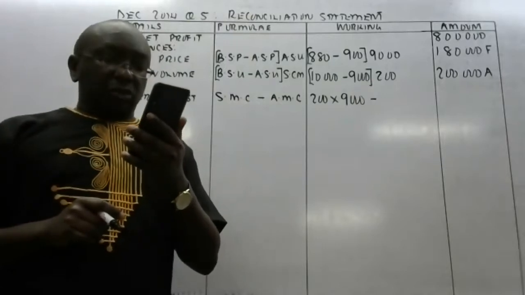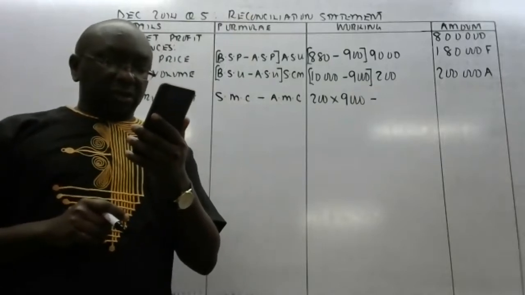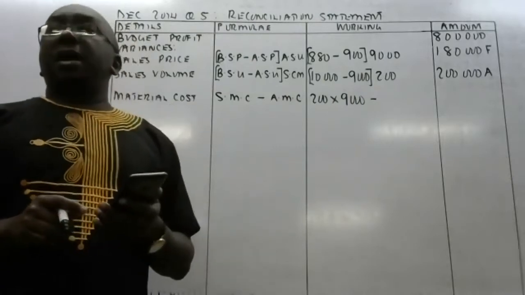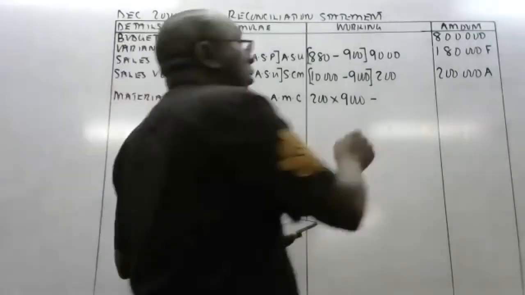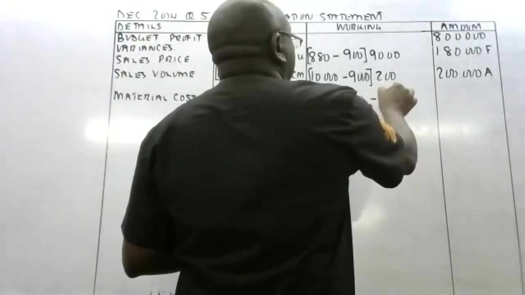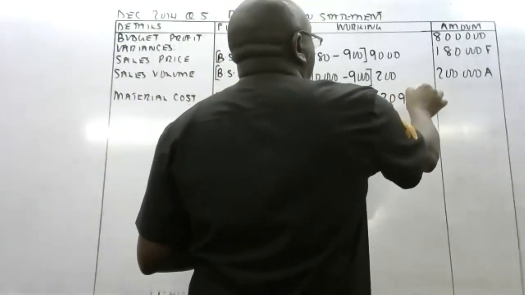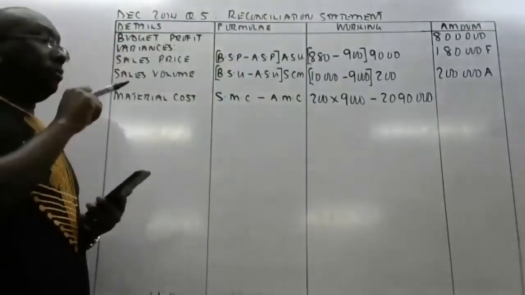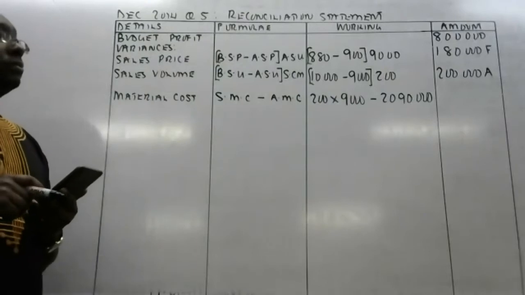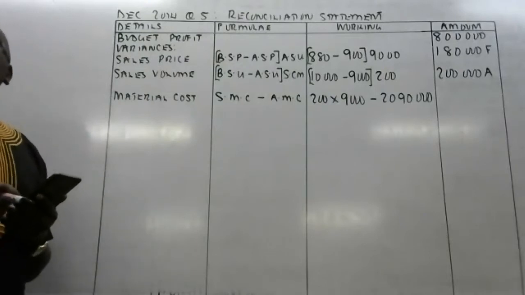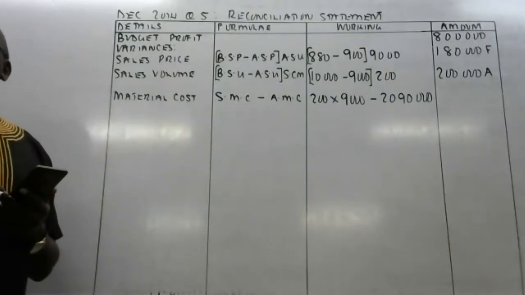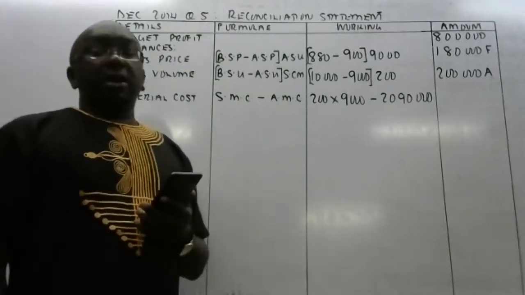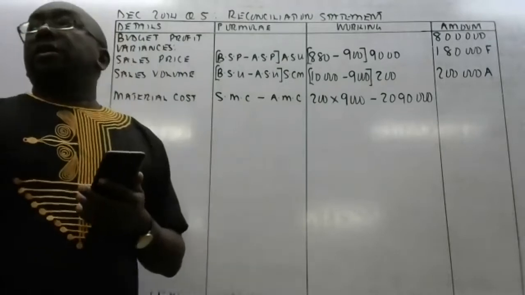Going to the actual results, material A ended up costing how much? $2,090,000.